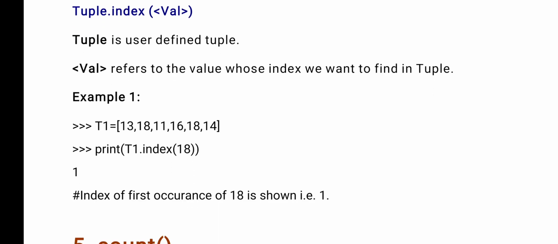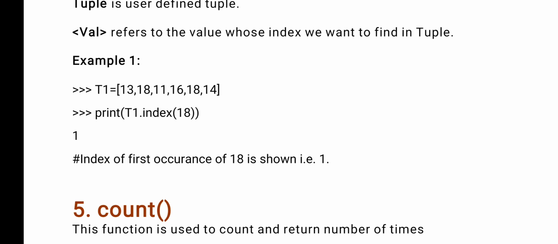Here you see the example. One tuple I have created. What is the tuple name here? T1. How many elements are there? 6 elements: 1, 2, 3, 4, 6 elements are there. Now I want to find out the index number of 18. 18 is the element and I want to find its index number. Then see what method I am implementing here. T1 dot index.